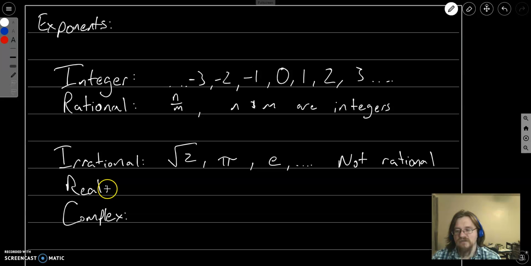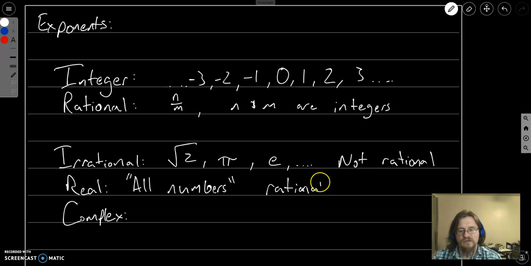And real numbers are essentially all numbers, anything that is rational or irrational. So all rational numbers and all irrational numbers make up the real numbers.